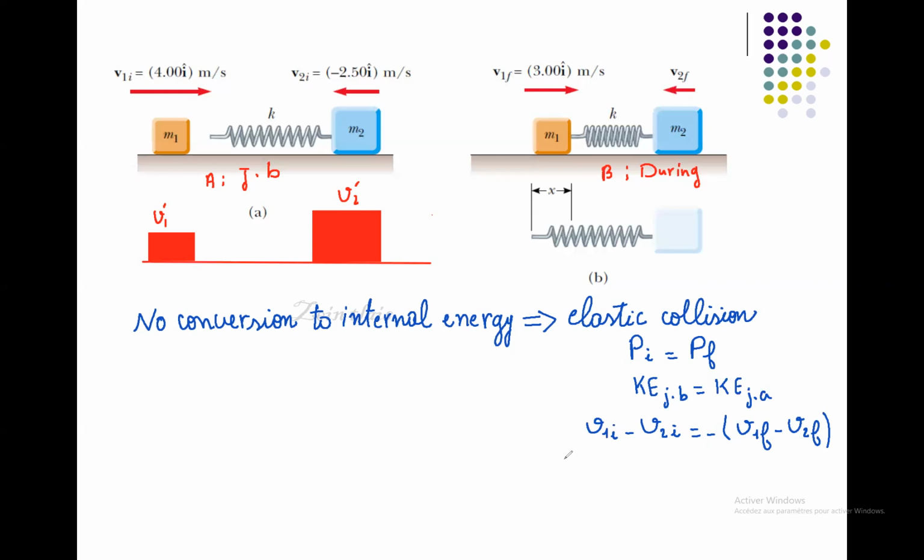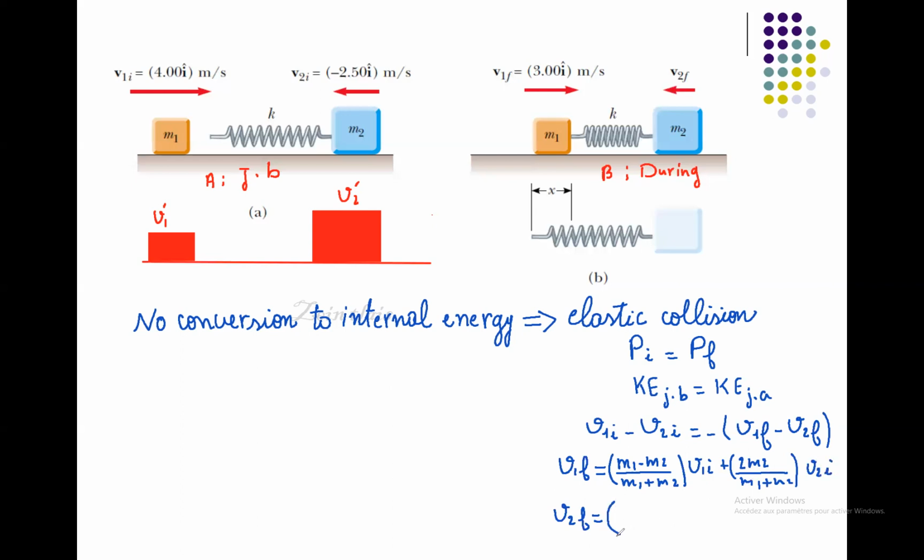And also we have the relation for V1 final and V2 final in terms of the initial values. V1 final equals (M1 minus M2) divided by (M1 plus M2) times V1 initial, plus 2M2 over (M1 plus M2) times V2 initial.